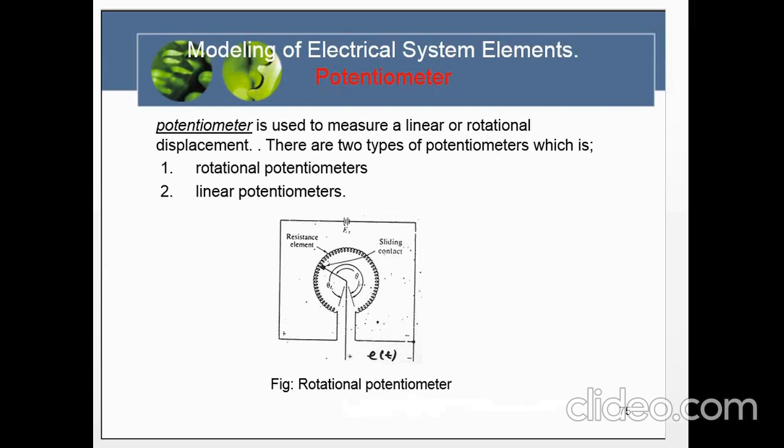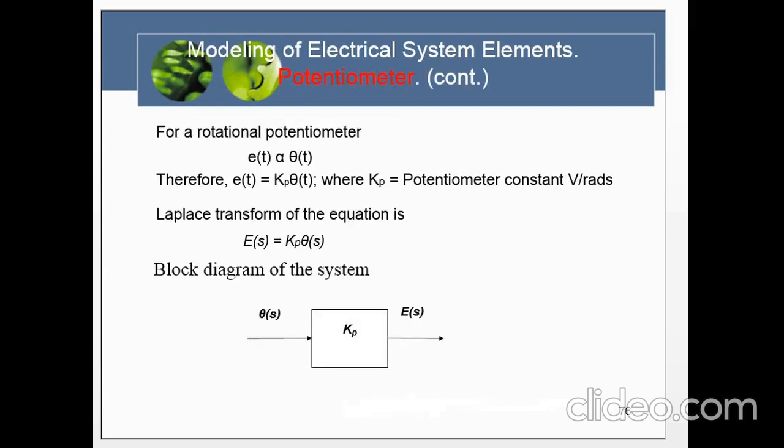Okay, and then for the rotational potentiometer, e(t), the voltage output, is proportional to theta(t). It means the moving of the button. Therefore e(t) equals Kp theta(t), where Kp is the potentiometer constant.